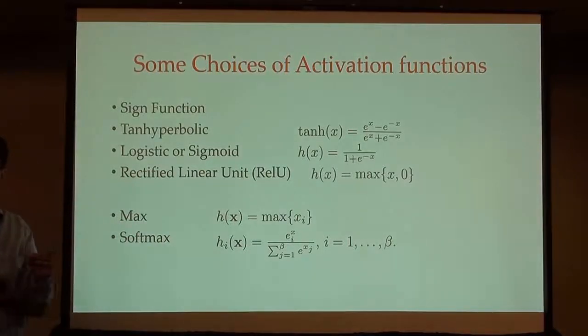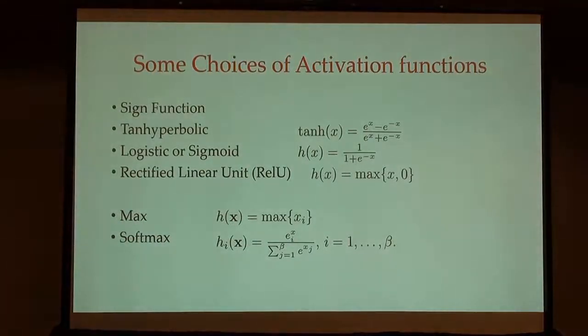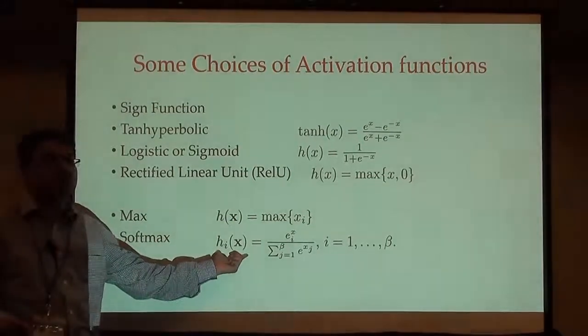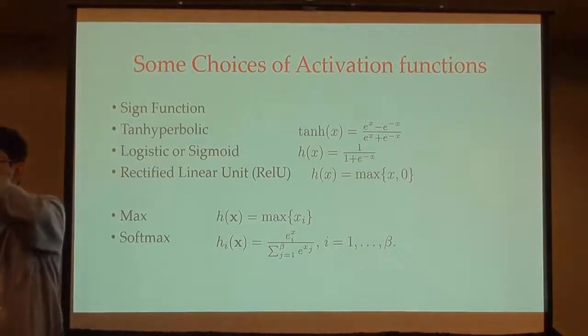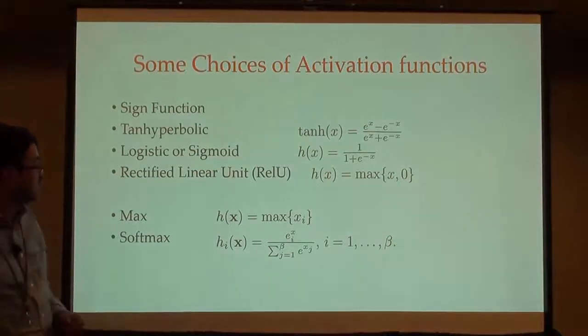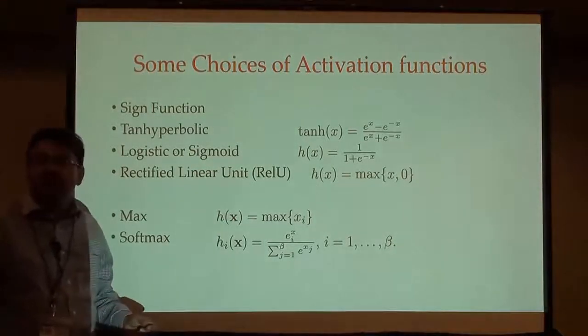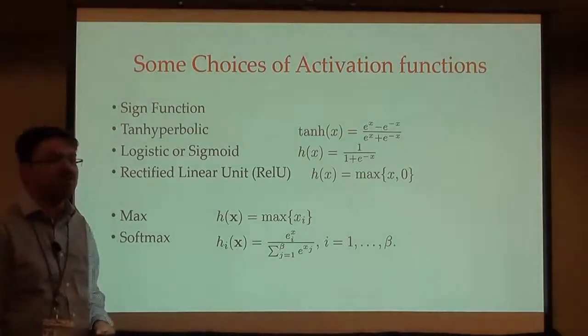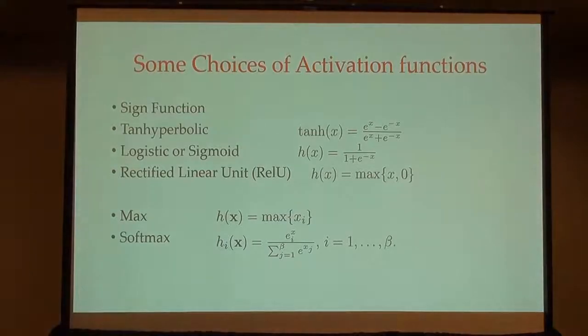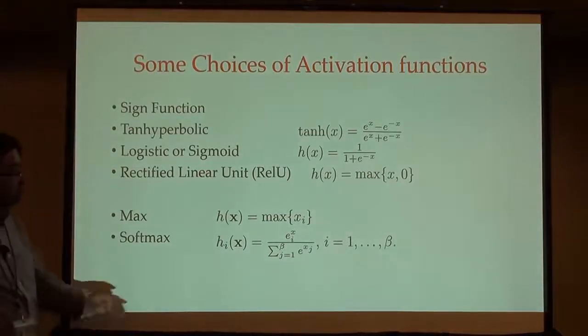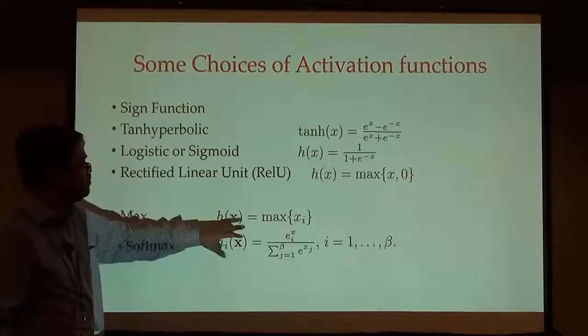When you are doing a classifier and you want an output as a probability of something being a dog or a cat or a buffalo or whatever, then you will use this softmax output. It will convert everything into a probability distribution over your different classes. And if you just want one label and you are brave enough to commit, you should use max. And max is also used in convolutional neural networks.